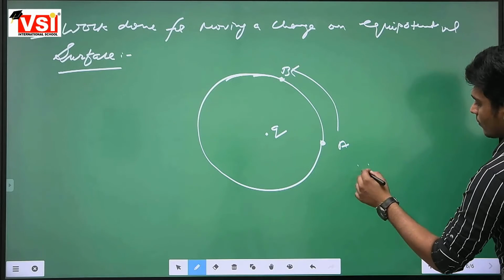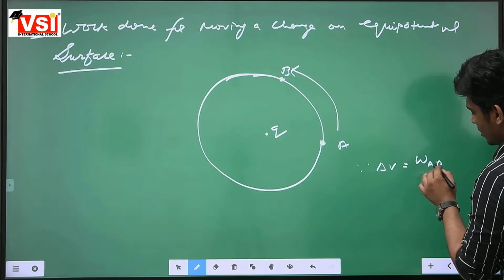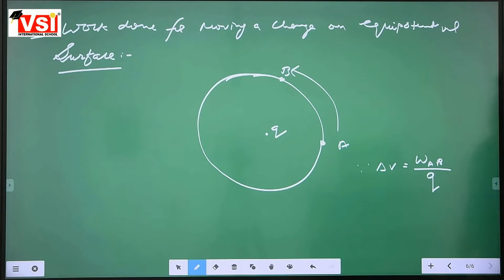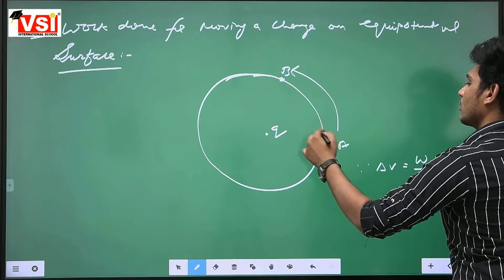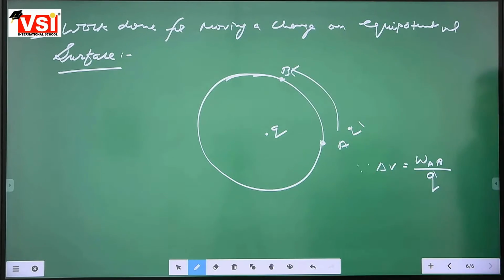As we know, del V is defined as work done on moving a charge from A to B per unit charge. If this one is Q, then we could consider the moving charge as Q dash. Q dash charge is moving from A to B on the equipotential surface, so the work done will be considered as WAB.